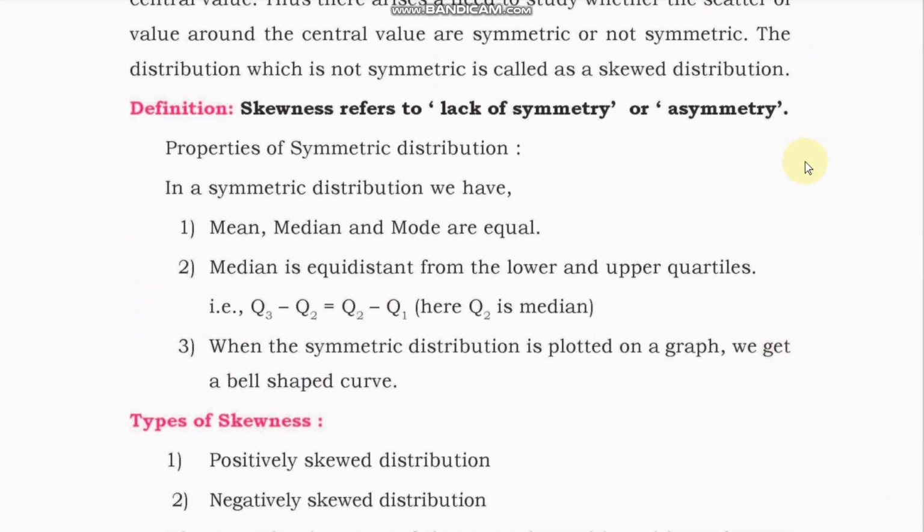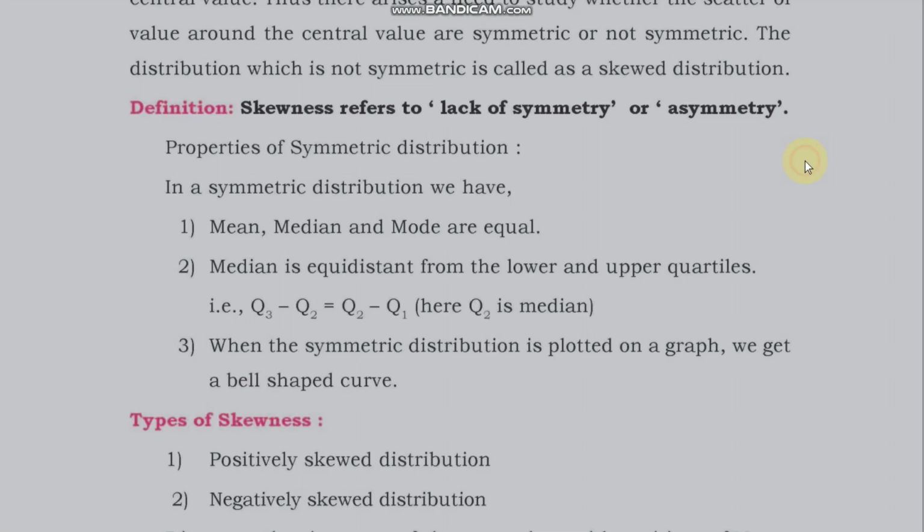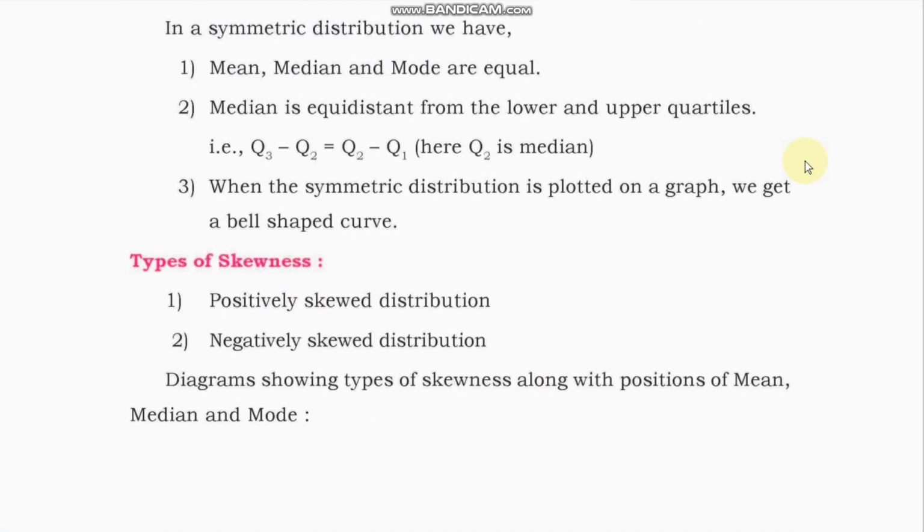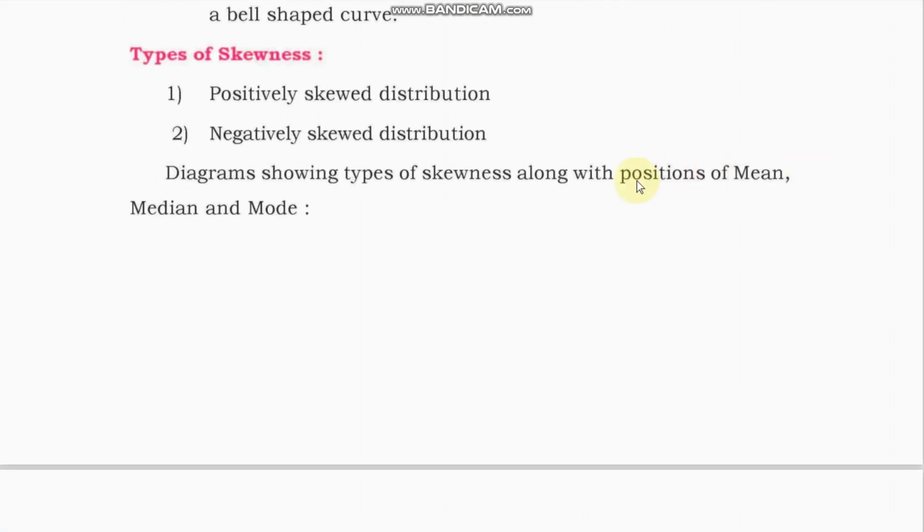Next, the types of skewness. So what are the different types of skewness? First one is positively skewed distribution or positive skewness, and the second one is negatively skewed distribution.